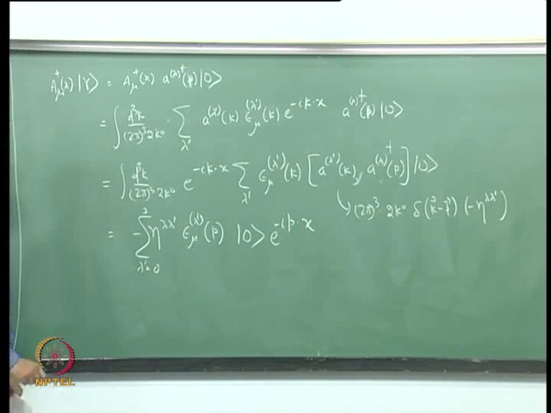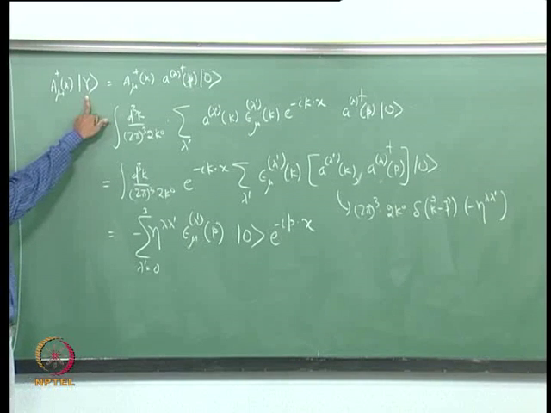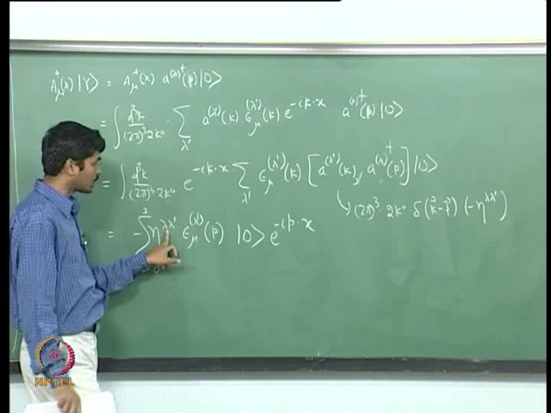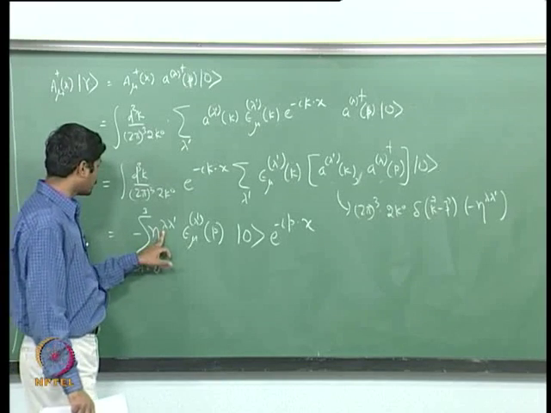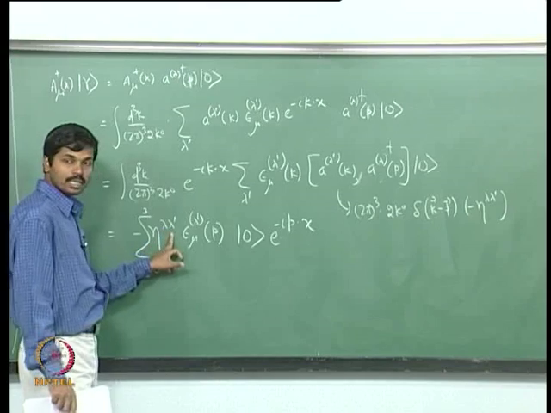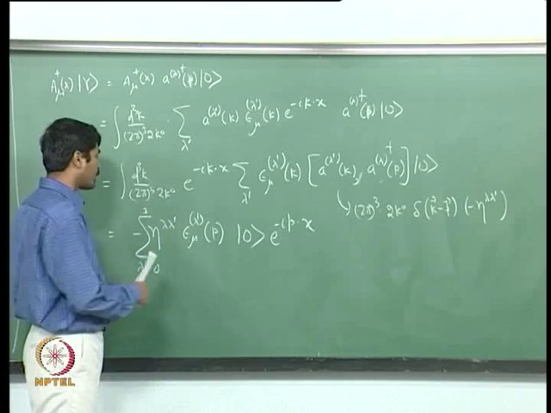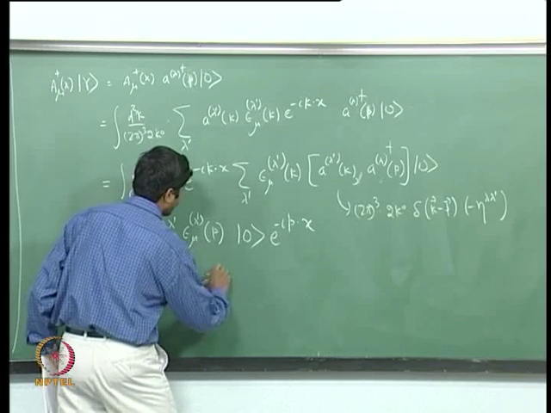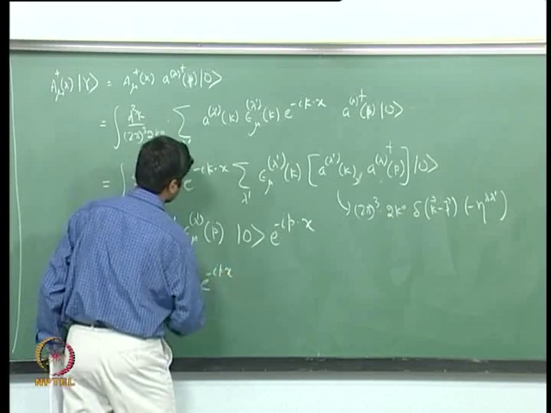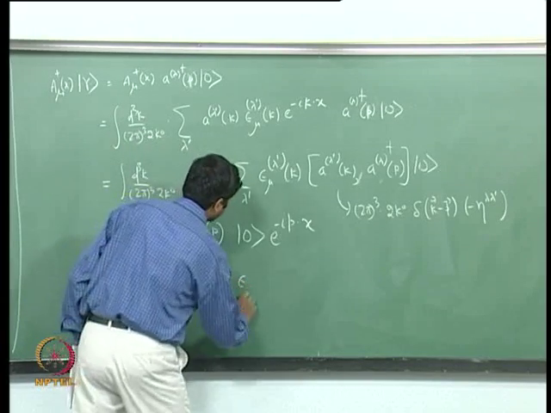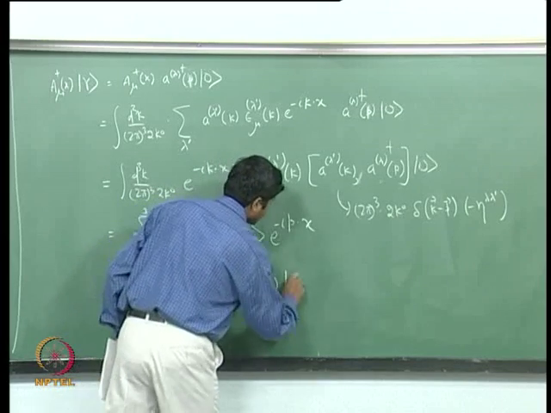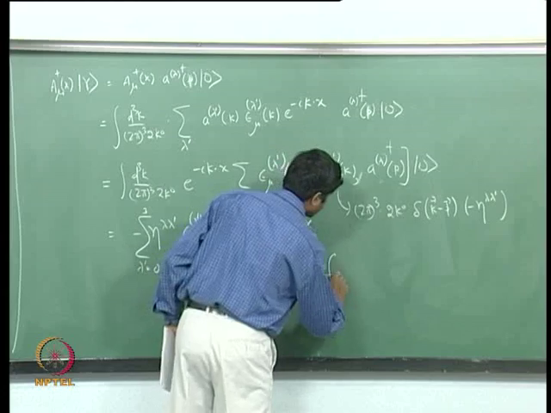Now, suppose you are considering a transverse photon here. Then for a transverse photon you can just consider this to be minus δ_λλ', and what you will get is this whole thing equal to e^{-ip·x} ε_μ^λ(p) times the ground state.